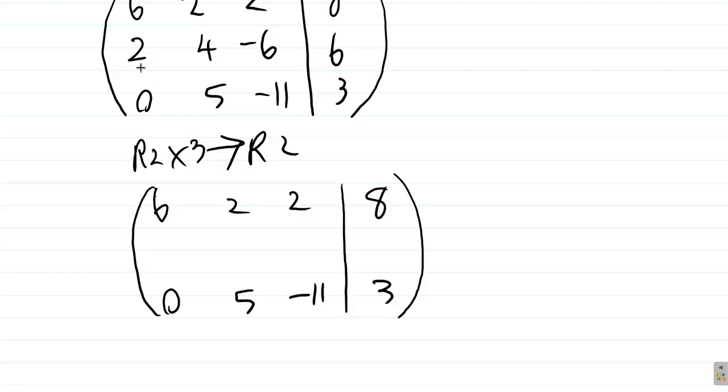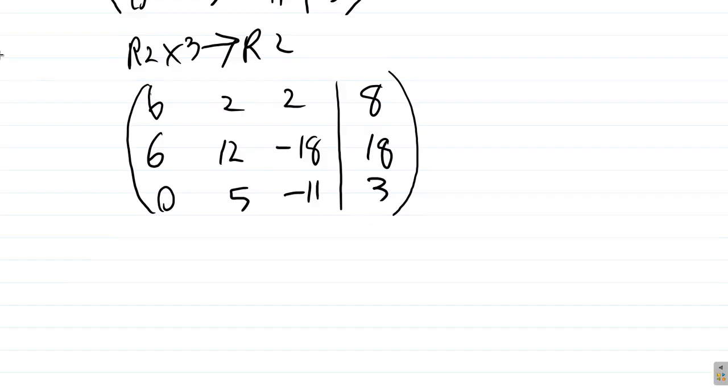Just like how you can multiply an equation when you're doing elimination. Multiply an equation by a number. These rows represent equations, so you can do the same thing. So 3 times 2 is 6, 3 times 4 is 12, 3 times negative 6 is negative 18, and 3 times 6 is 18. Okay, good.